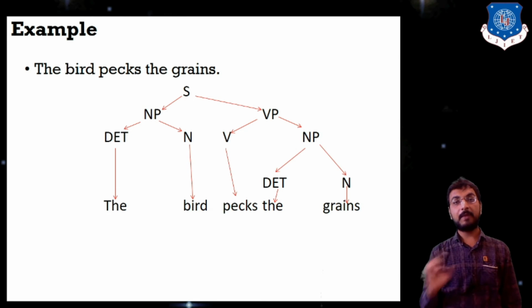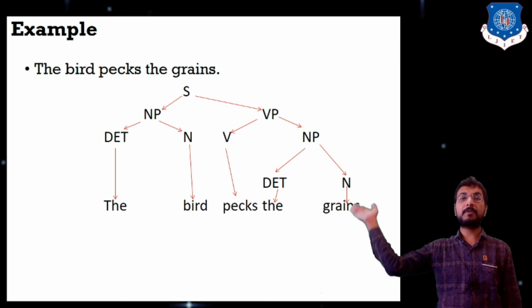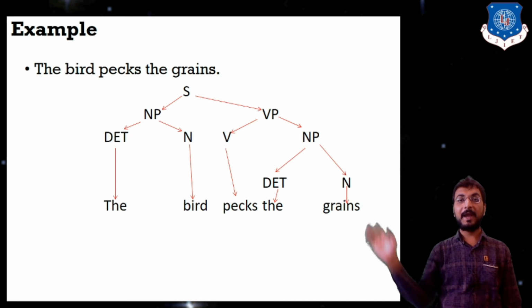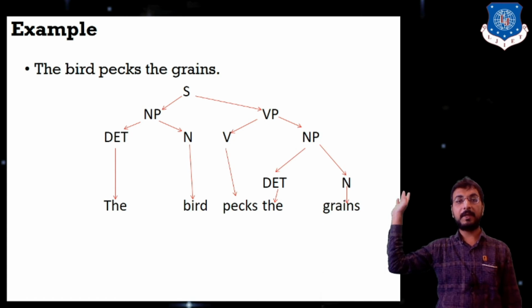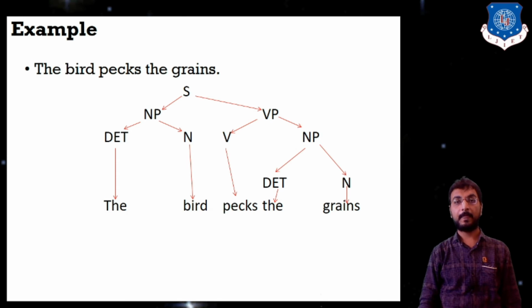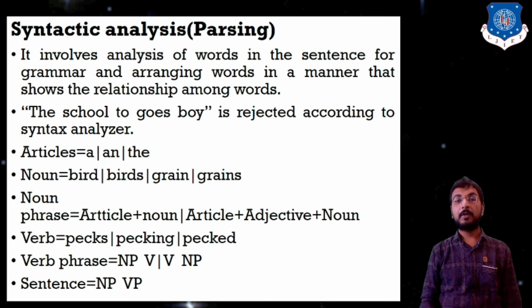Now pecks is a verb, so verb plus noun phrase will produce a verb phrase, and at the top, noun phrase and verb phrase will produce the sentence. So this is the scenario for the bird pecks the grains. So if we have reached the first statement, that is the sentence. S is equal to what?